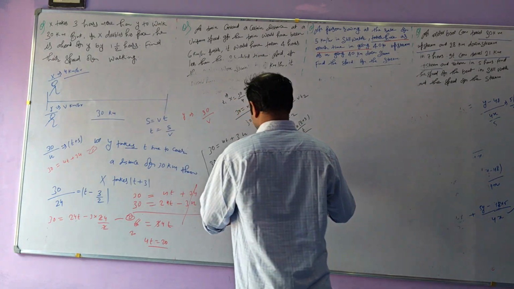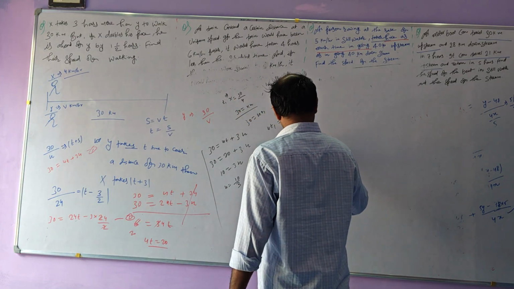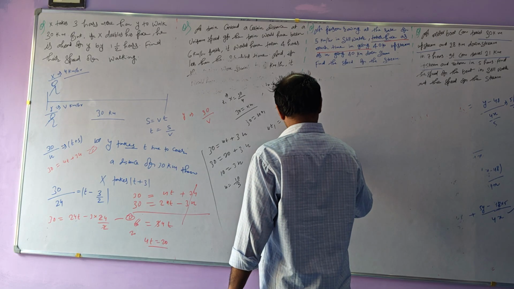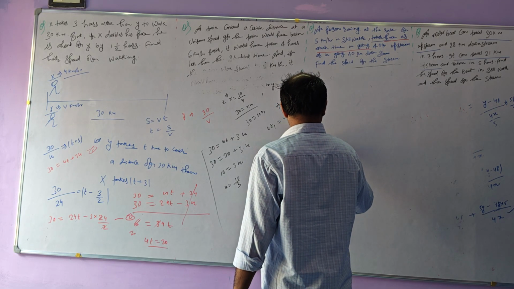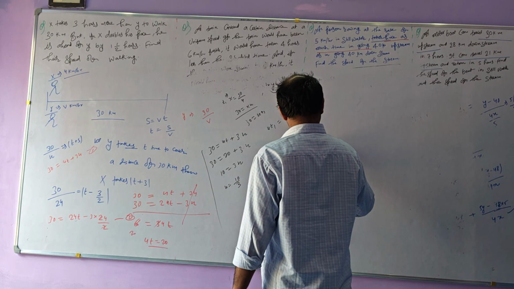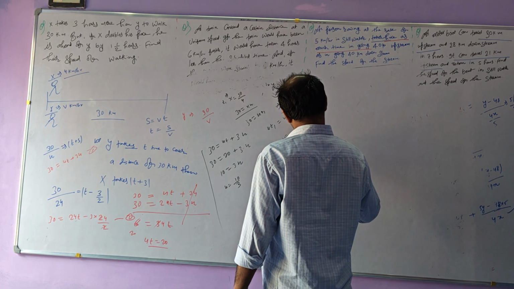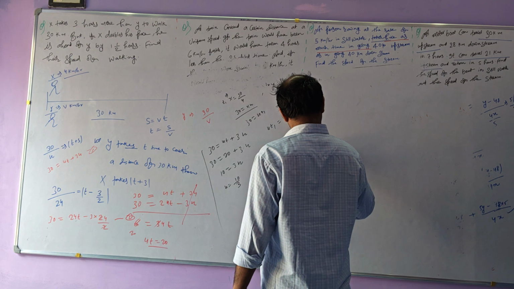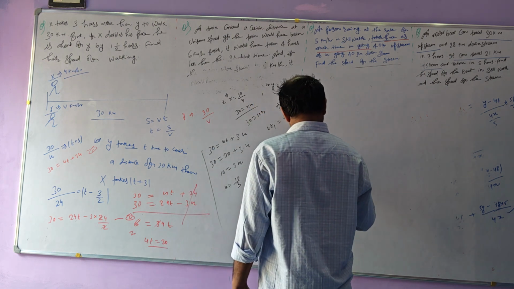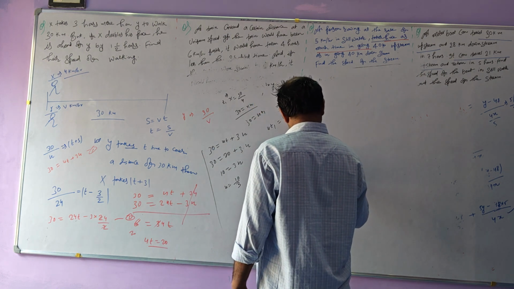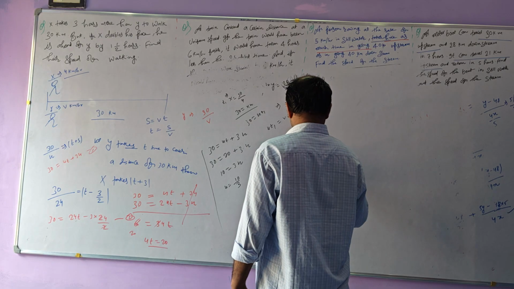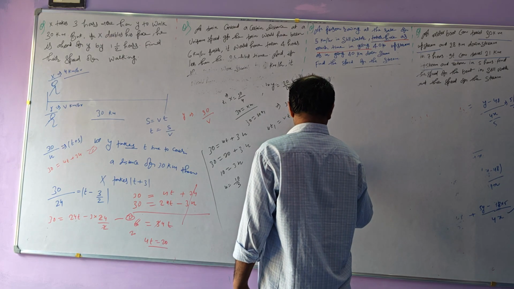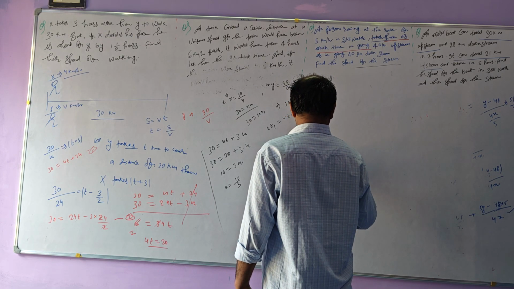And u becomes 10 upon 3. So v becomes 10 times t plus 3 upon 3t.